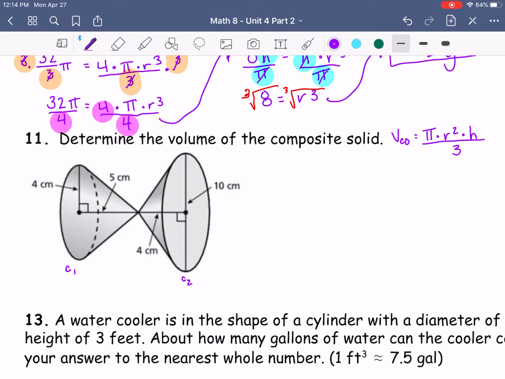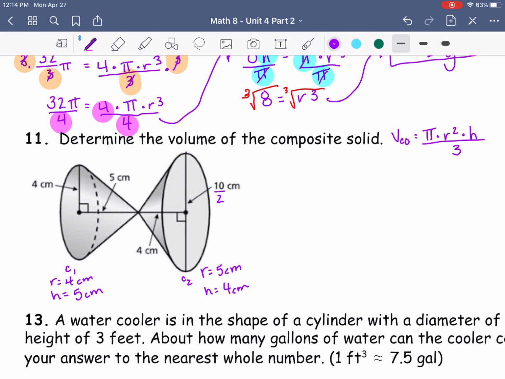On cone 1, my radius is 4 centimeters, and my height is 5 centimeters. On cone 2, it looks like my diameter is 10, so I would need to divide that in half. So my radius is 5 centimeters, and my height is 4 centimeters. All right, now I can get to the mathematics.